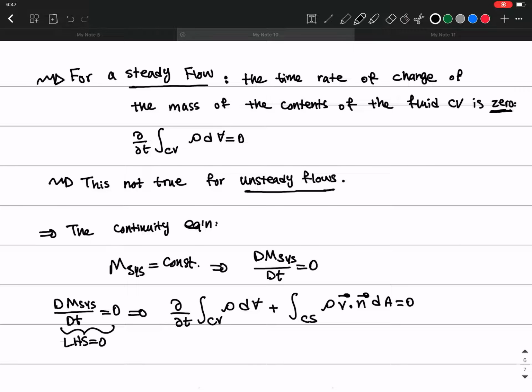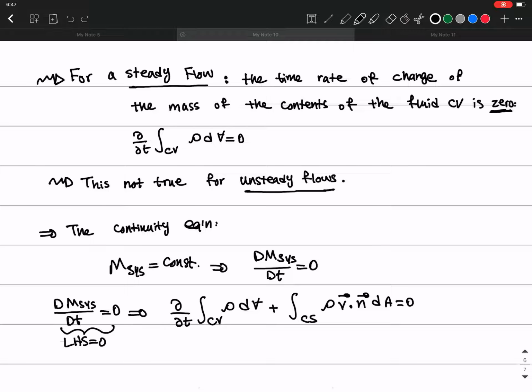So this is the general form of the continuity equation in three dimensions. Of course, it's much simpler for one or two dimensions, but this is the general form for a three-dimensional flow. And for a steady flow, the first term becomes 0, so we are only left with this term when we write the continuity equation.